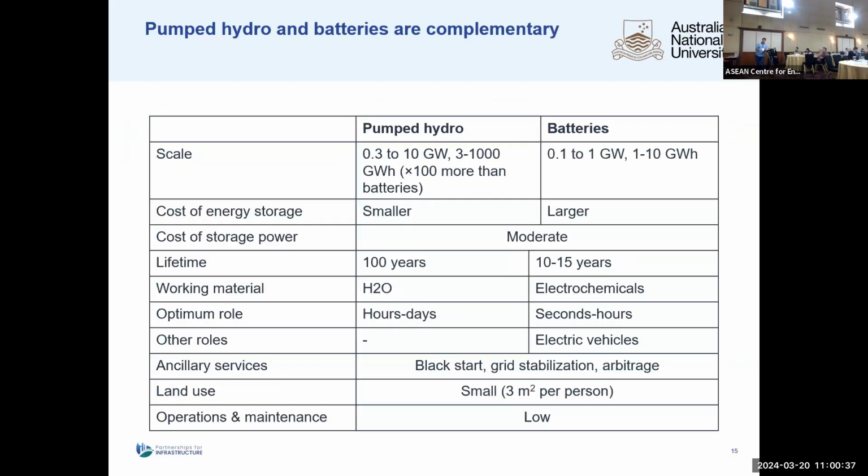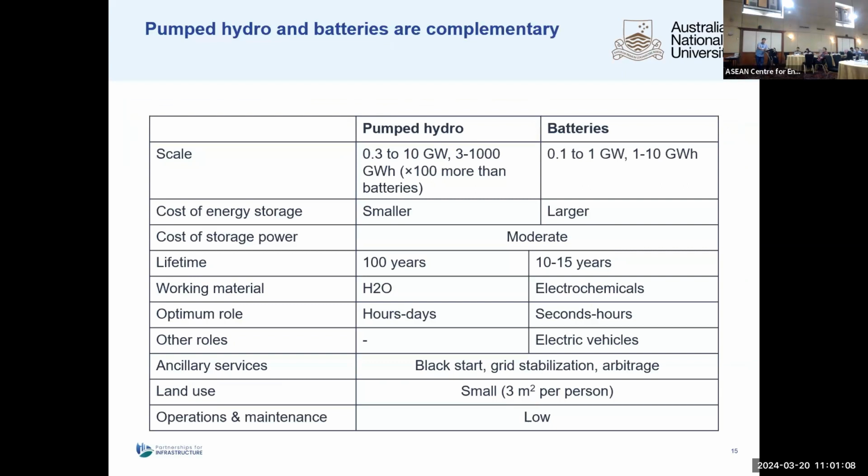We presented this slide yesterday, but again, comparing pumped hydro and batteries: the scalability of pumped hydro is 100 times better than batteries, and the cost of energy storage of pumped hydro is smaller compared to batteries, while the cost of storage power is moderate. Pumped hydro has a lifetime of hundreds of years, and could be more, but batteries have 10 to 15 years.